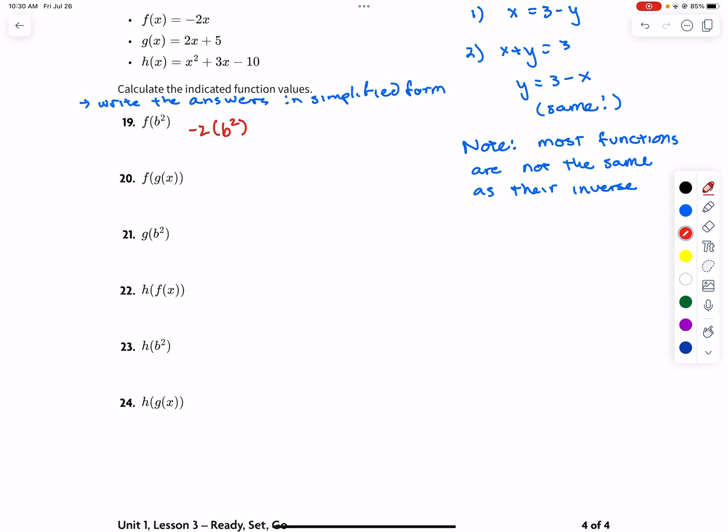What they're trying to get you to do is think of f of thing equals negative 2 times the thing as a process where you're just dumping anything in where the x used to be.